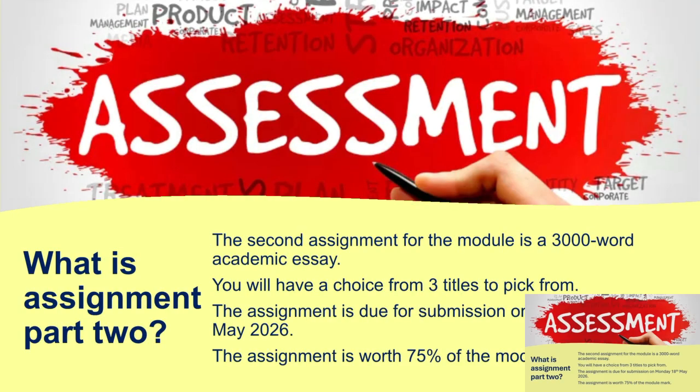Now the second assignment then, as we said, is due in on the 18th of May. This one is a little bit more straightforward in a sense, in that it is a 3,000 word essay. Okay, however, we do have 3 different titles you can choose from. You can pick any one of them. We don't have to do all 3.